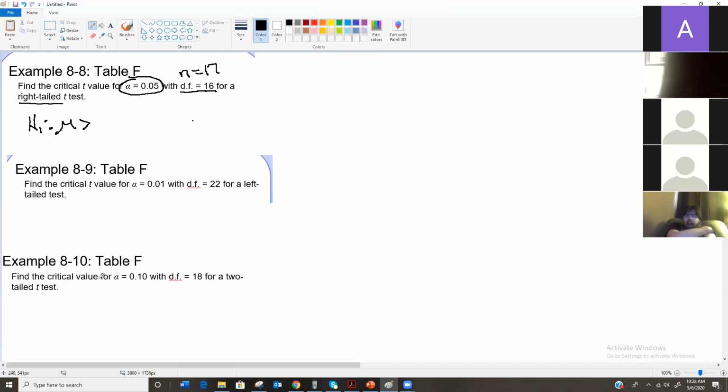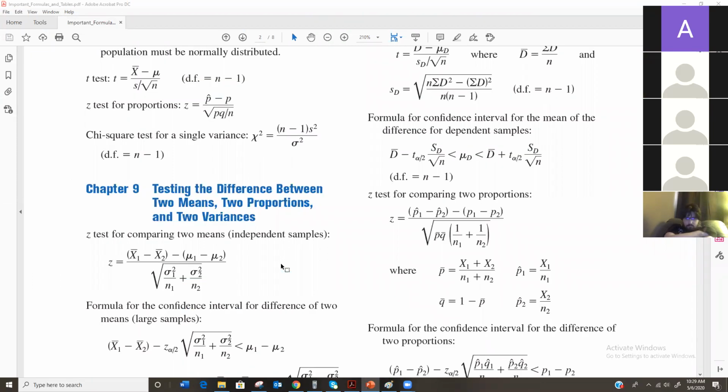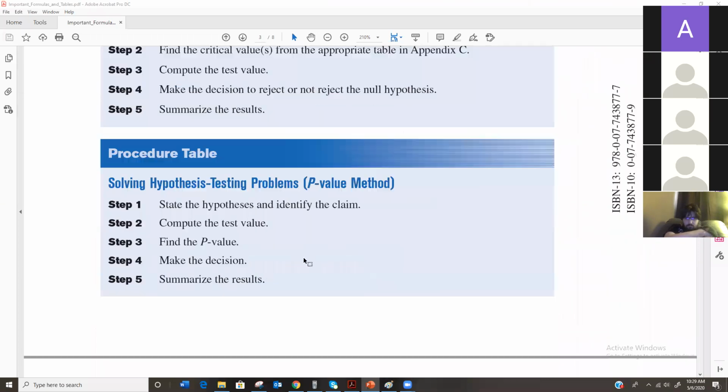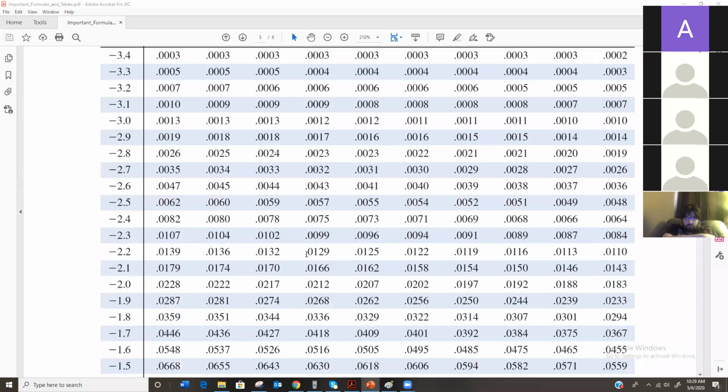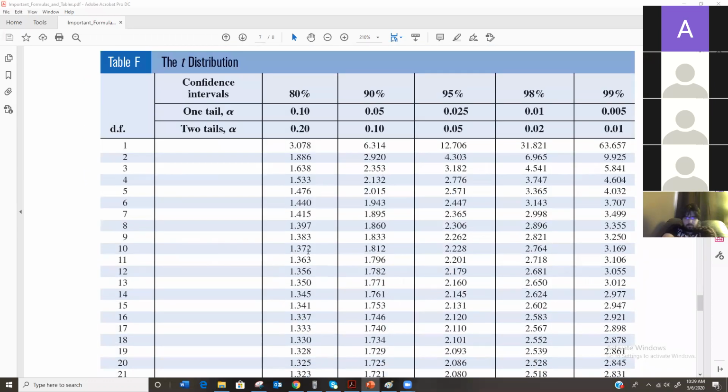So let's go look that up. Alpha 0.05, right-tailed, degrees of freedom 16. Okay, right-tailed means we're going to look at one tail.